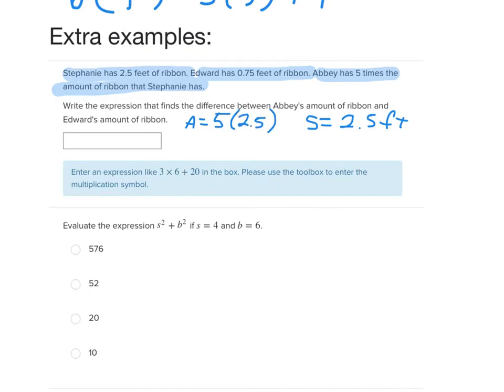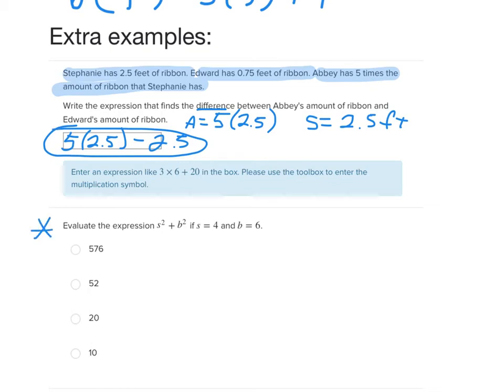Write the expression that finds the difference between Abby's amount of ribbon and Edward's amount of ribbon. Well, Abby has more, so to find the difference, that means subtract. So it's going to be 5 times 2.5 minus 0.75. And that will give us our final answer. Okay? Seems to make sense.